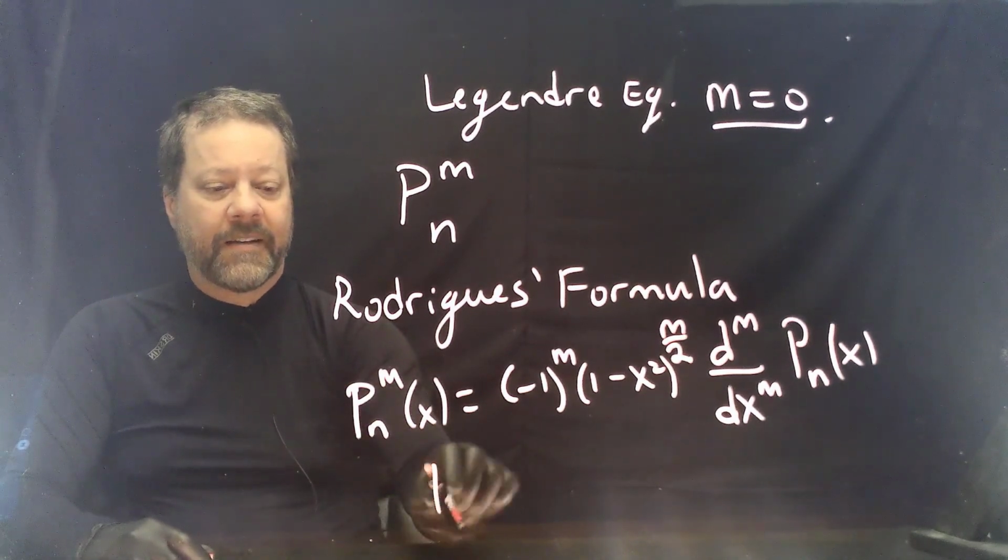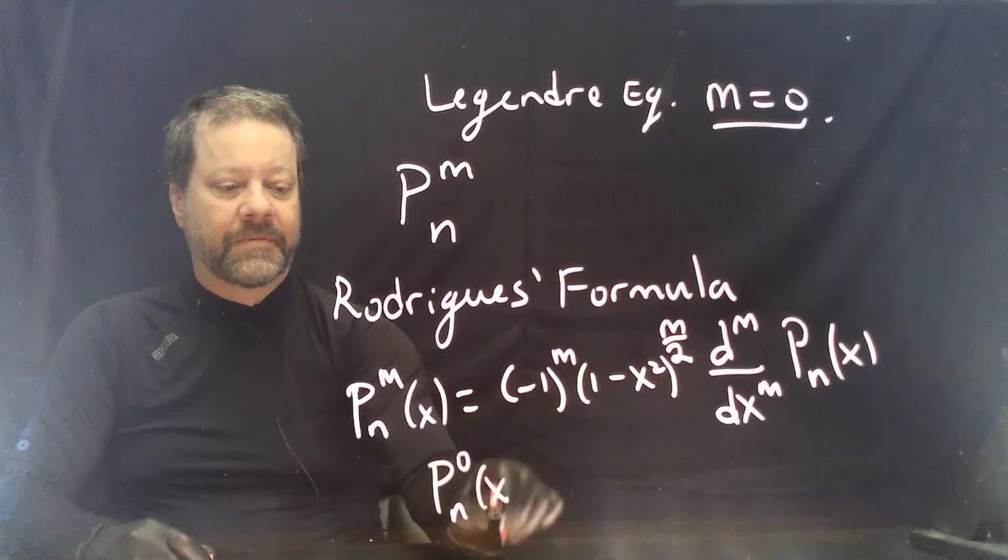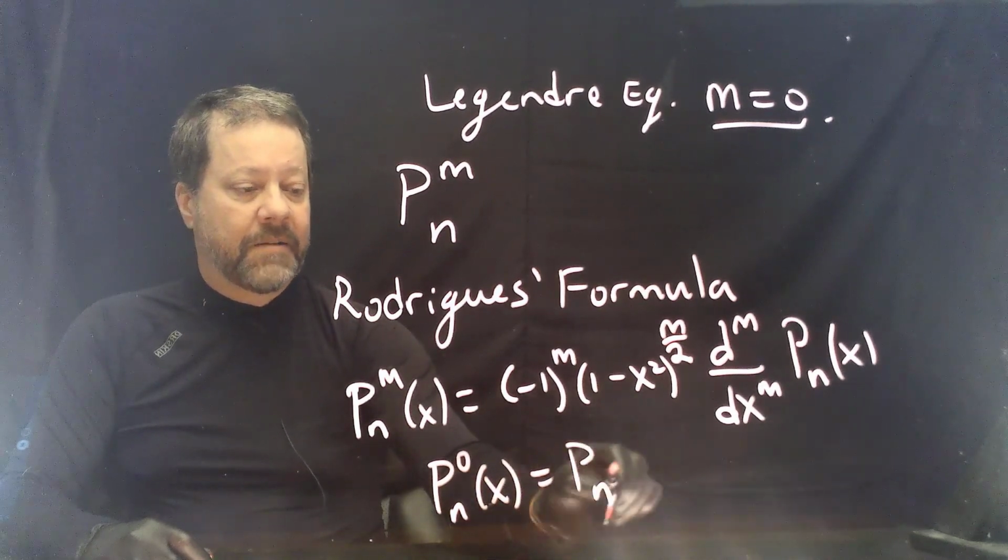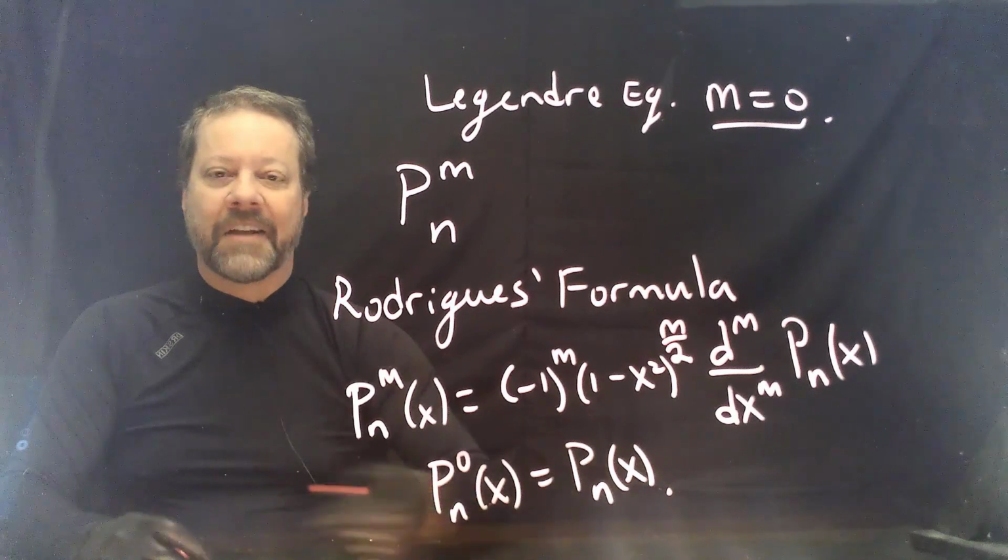We have here then that Pn0 is the Legendre polynomial of degree n.